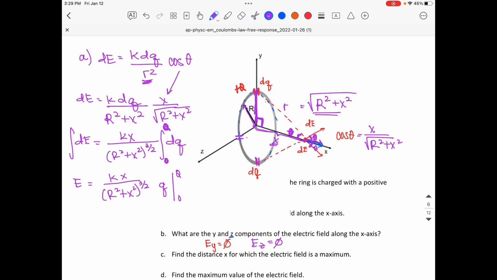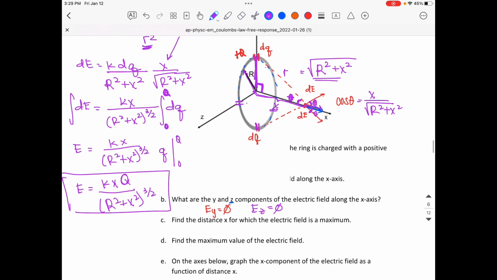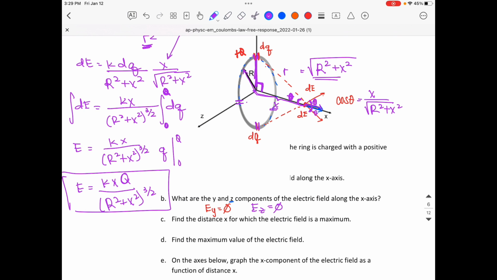And then obviously that simplifies down to kx big Q, or the total charge of the ring, over r squared plus x squared to the 3/2. All right, so this is our electric field along the x-axis. That's my answer for part A.